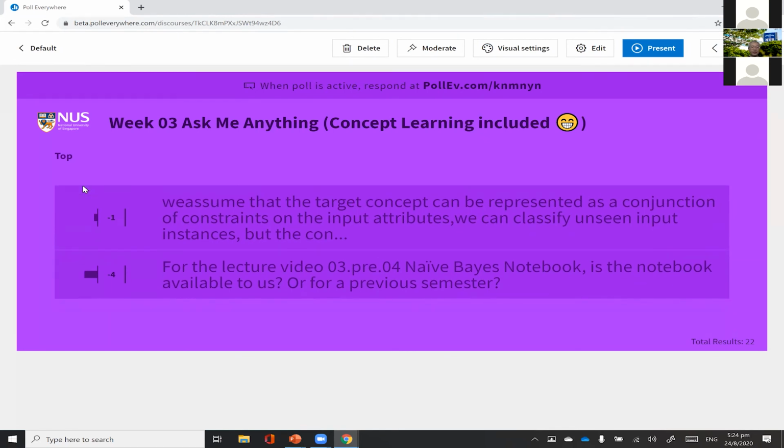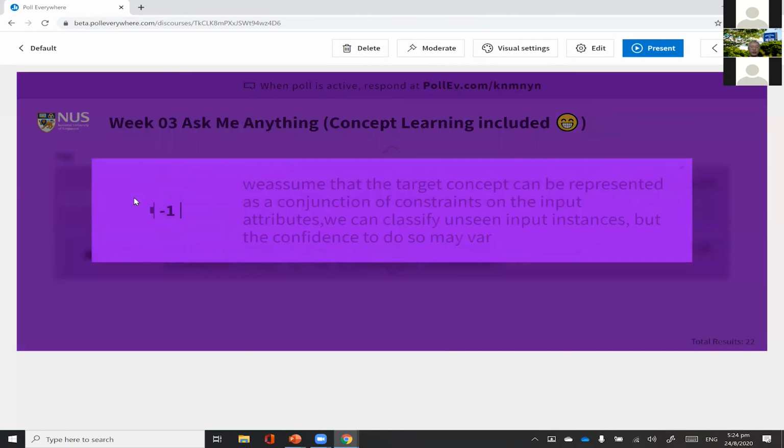We assume that the target concept can be represented as a conjunction of constraints, right? And yes, we do. When we are saying we are using a conjunctive learning algorithm, okay, we can classify unseen input instances, but the confidence to do so may vary, okay? So for the purposes of proving, we said that in candidate elimination, we don't actually classify instances that have conflict.